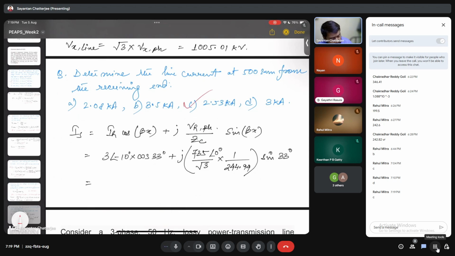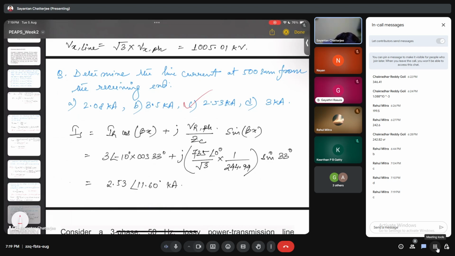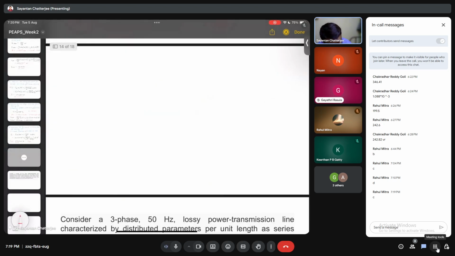C is the correct answer. So the answer will be 2.53. This is the line current as well as the phase current, which is the same as its phase. So this is the answer. I hope it's clear. So we can move to the next question.